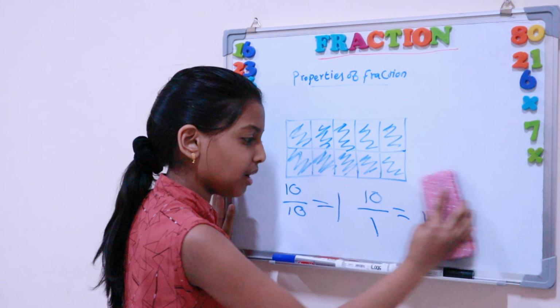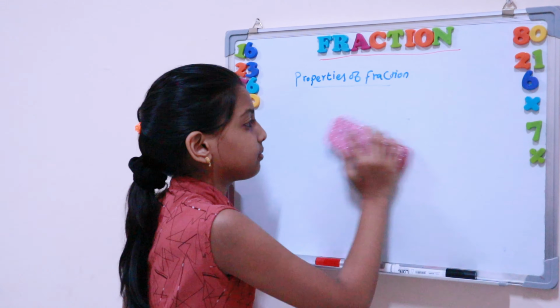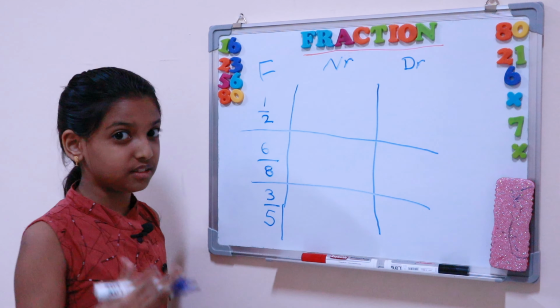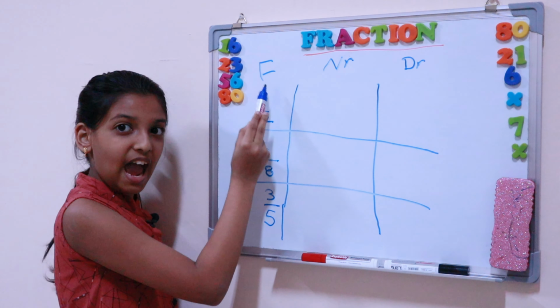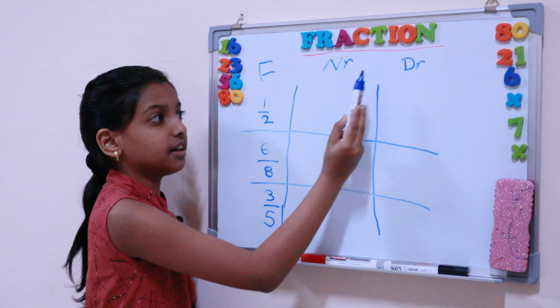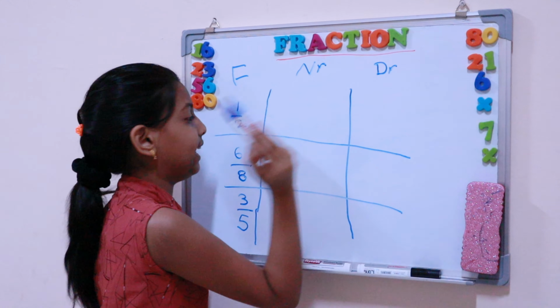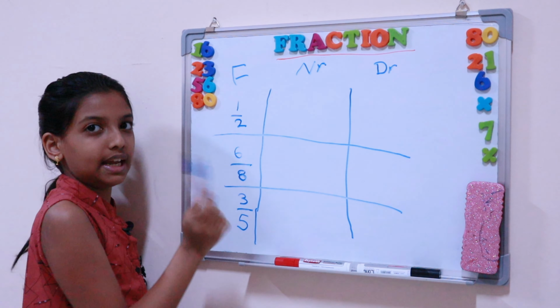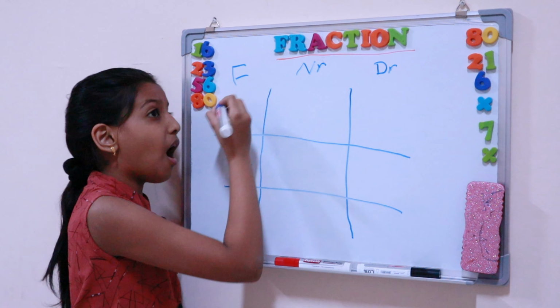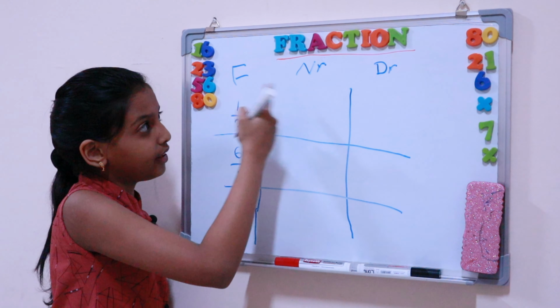Now I am going to ask you some questions. This is the fraction. This is the numerator. This is the denominator. So, which do you think is the numerator and the denominator? Number above the line is called the numerator.